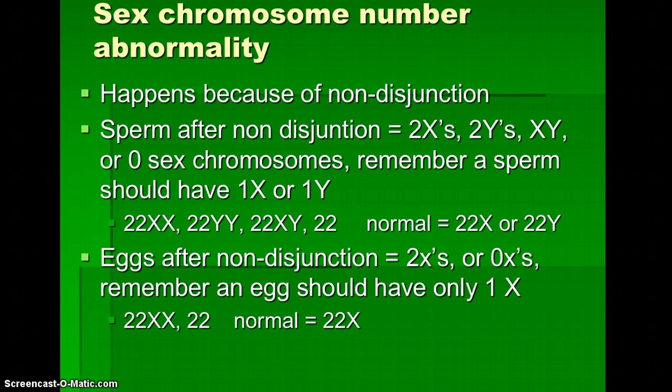But let's say we have a sperm that is 22XX, and it hooks up with a normal egg, which is 22X, then you have somebody who's 44XXX. Okay, so it's just the number of the sex chromosomes is messed up, and we're going to talk about a few disorders that deal with that.